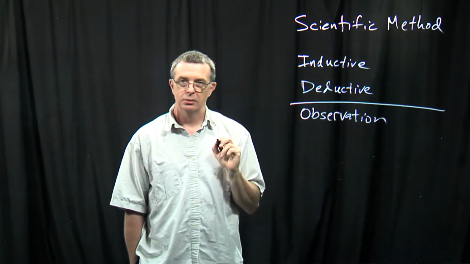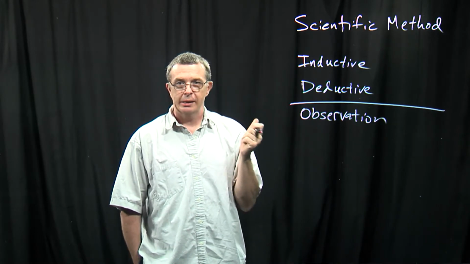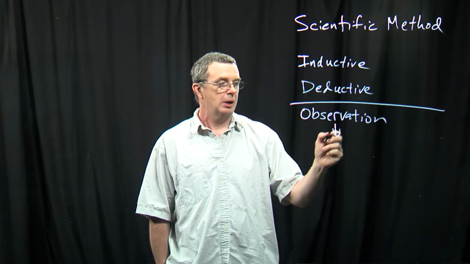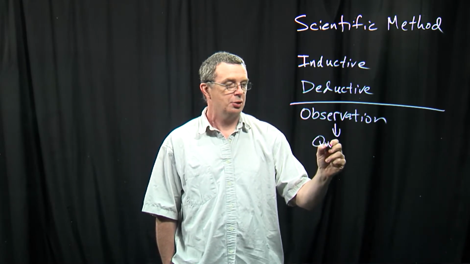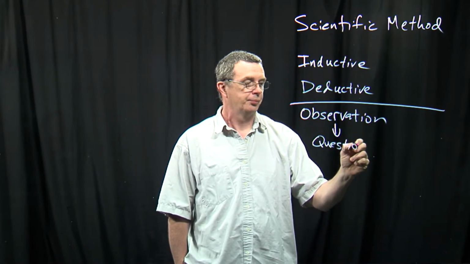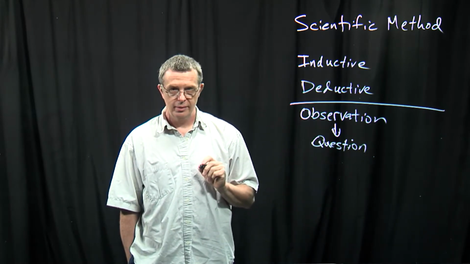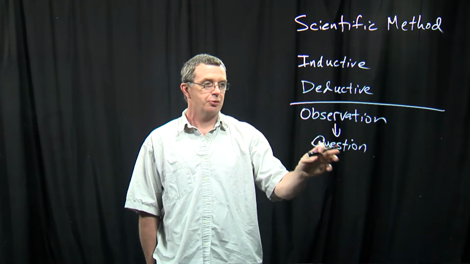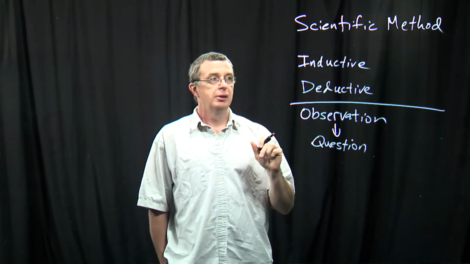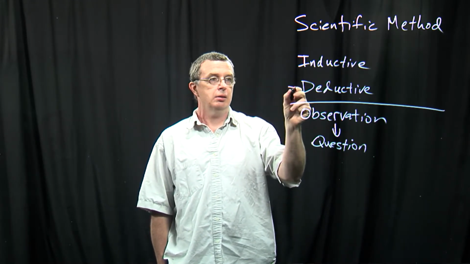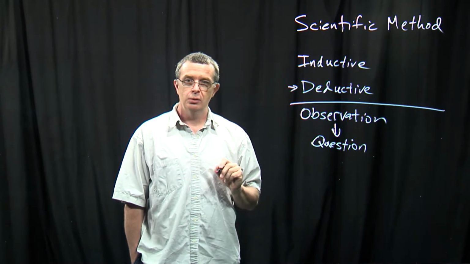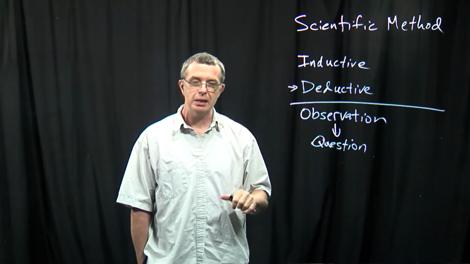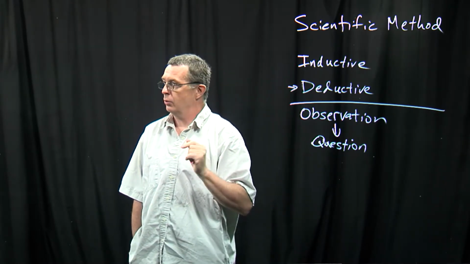And then we say, oh, that's kind of weird. What is going on there? So we'll ask a question about that particular observation or phenomenon. We want to understand what that is. So we would take our understanding of the world around us and try to make sense of what it is that we're seeing by asking the appropriate questions.